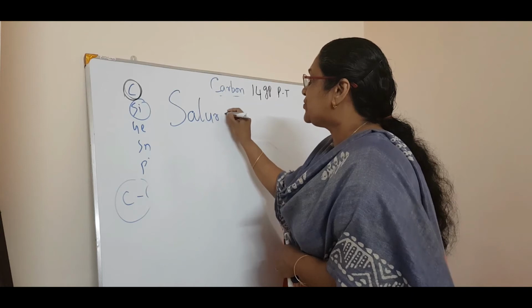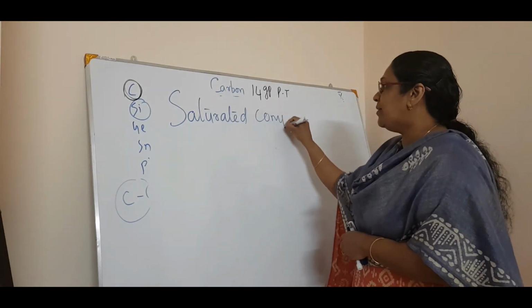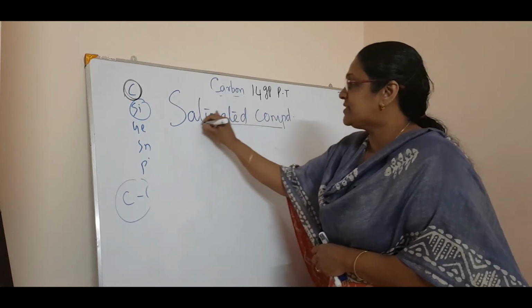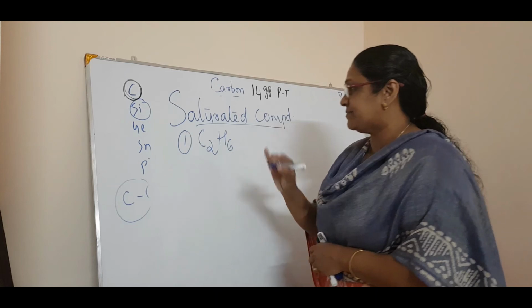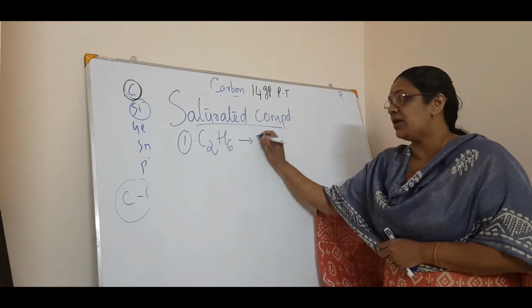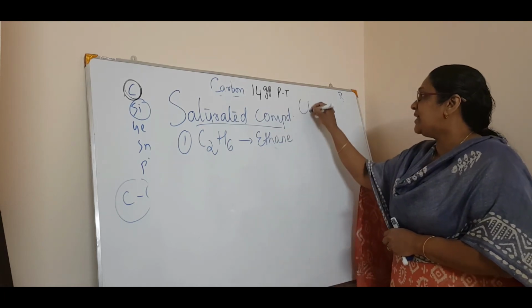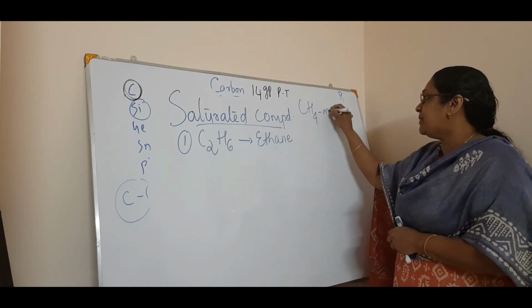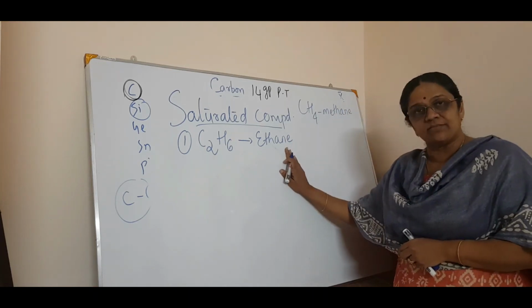And you know what is saturated compound? Saturated compound means having single bond, isn't it? So the first example you will take is C2H6. What is it? C2H6, which is called, we will study all this, ethane. What is CH4? CH4 is methane. Now C2H6 is ethane.